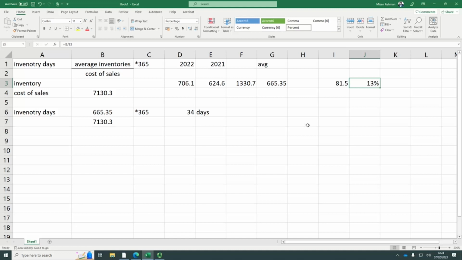34 days, it takes 34 days for M&S to sell their inventories, and I think this is really good, especially if you look into the supply chain of M&S. Obviously, they sell lots of clothing. Obviously, food should be sold very quickly. So Tesco primarily sells food. They have their inventory days around 29-30 days. M&S are 34 days, but they sell lots of clothing.